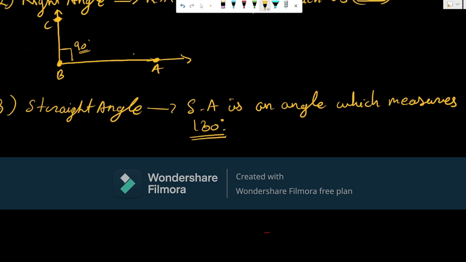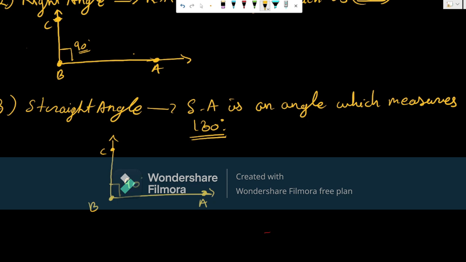Now suppose I have a straight line over here. No, let's draw a right angle. That will be like this. Okay, let's name it A, B, C. Now you all know that this angle is 90 degree. Okay, we just learned it.